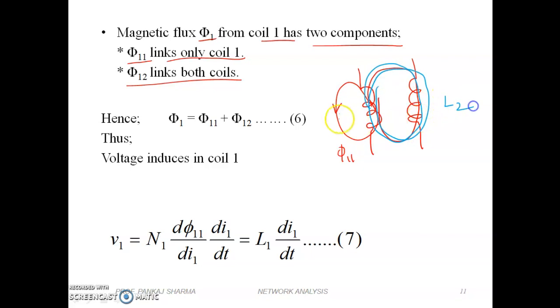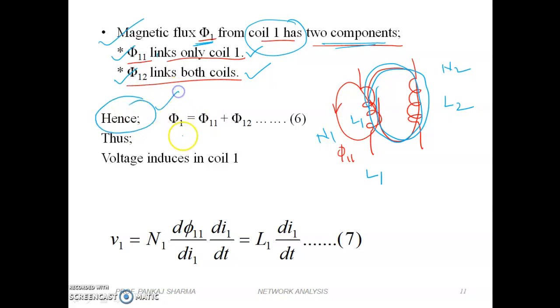This is your inductor number 2. This was your inductor number 1. This is having number of turns N1 and this is having number of turns N2. So here I have written for you magnetic flux phi1, which is generated by inductor 1, coil 1, has two components. The self component and the both component. Phi11 component, that is phi11 links to itself only, and phi12 links both coils.